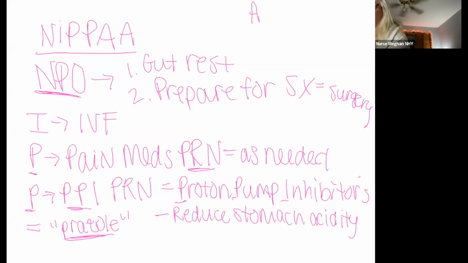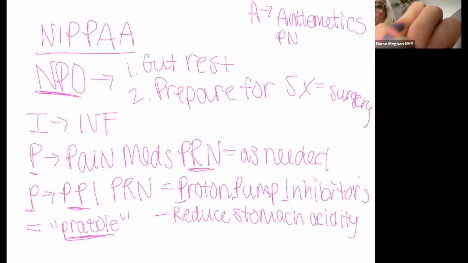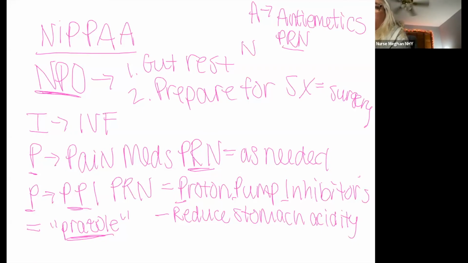First A for NIPPA is going to be antiemetics as needed. So why would we want to give our patient that? What's an antiemetic? Does anyone know what that is? It's given if a patient has what? Yeah, if they're having nausea, vomiting, and I saw someone write it in there.